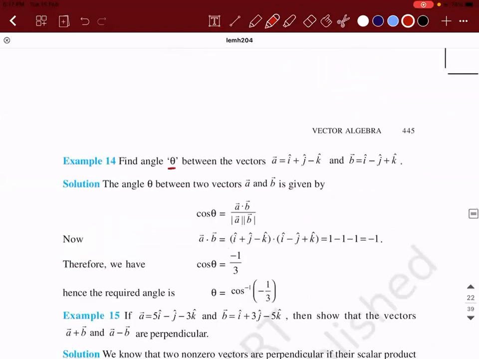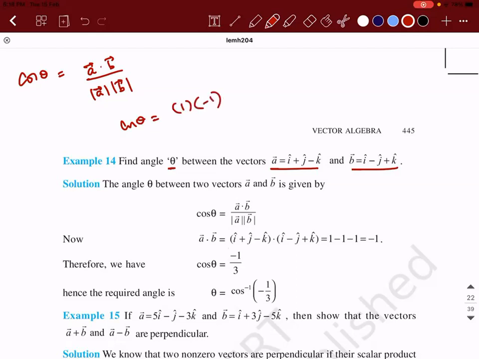Find the angle theta between the vectors A and B. So how to solve this? Again, the same formula, cos theta is equal to A vector dot B vector divided by magnitude of A vector into magnitude of B vector. Then cos theta will be equal to A dot B, which is how much? 1 minus 1, sorry, 1 minus 1 minus 1 divided by square root of 3 into square root of 3.